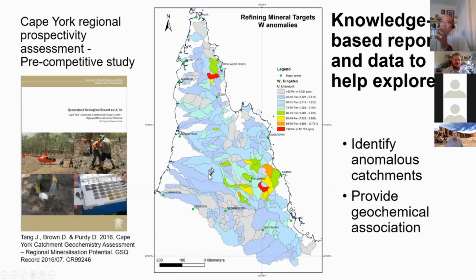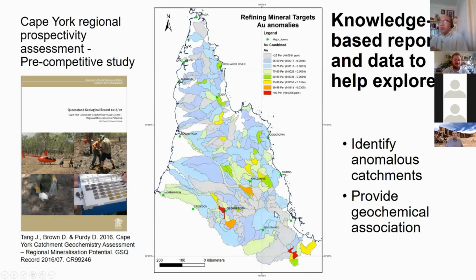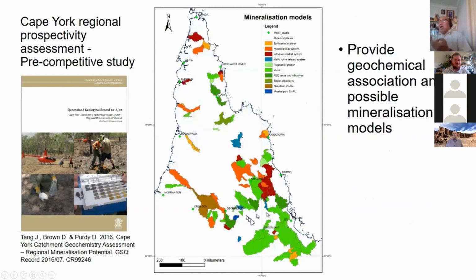And all the sediments were analyzed for 66 elements. So you had these multi-elements and also a multi-catchment database that you could use as a starting point for exploration. Another example is for bismuth, for gold, etc. And being multi-element, you could combine them as filters or different models to come up with different modeling for that region as well.